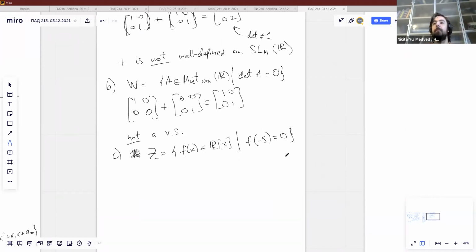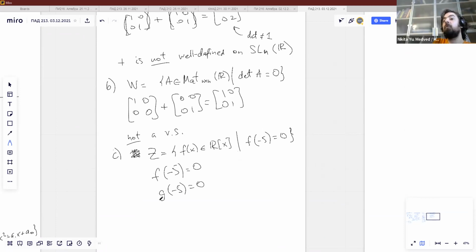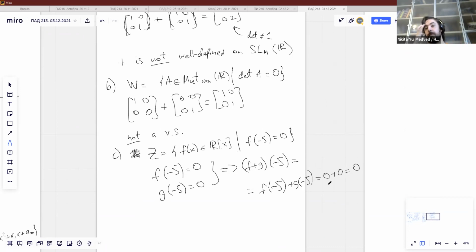Please continue. If we sum them, then we'll get 0 plus 0. Indeed, if there are two polynomials f and g and both are 0 at this point, then f plus g at this point, by definition of f plus g, is f at this point plus g at this point, which is 0 plus 0, which is 0.